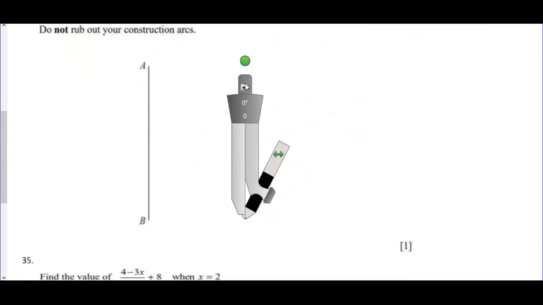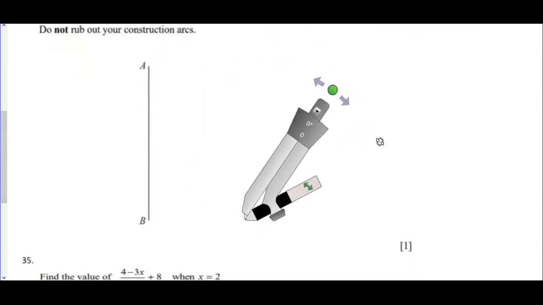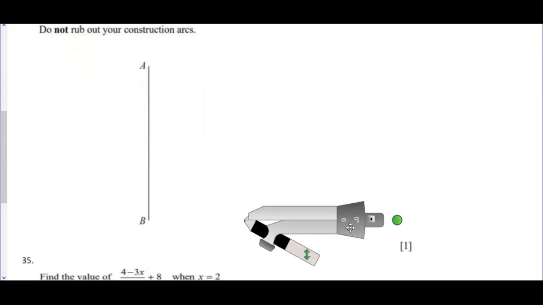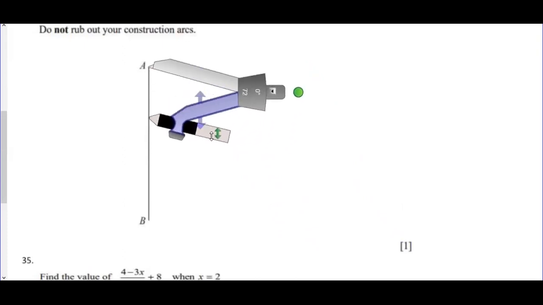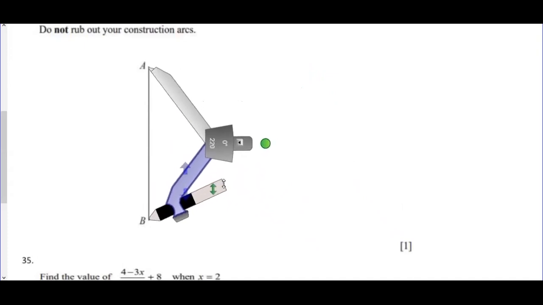This is my compass. Set it this way, and then put the compass somewhere here. Then open wide this compass like this until you hit that point. You see that? It's very easy to construct.